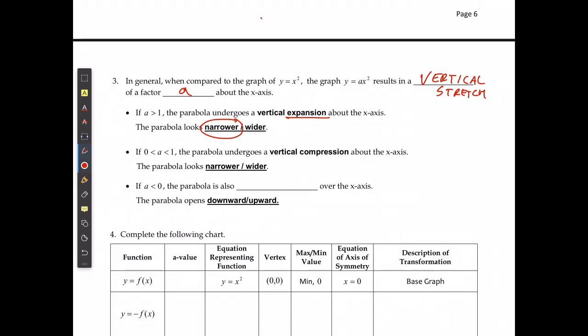If it's between 0 and 1, we call that a compression because it's going to make it look wider than it actually is. And if a is less than 0, then we have a reflection over the x-axis, which means that suddenly it's going to go from opening up to opening down.